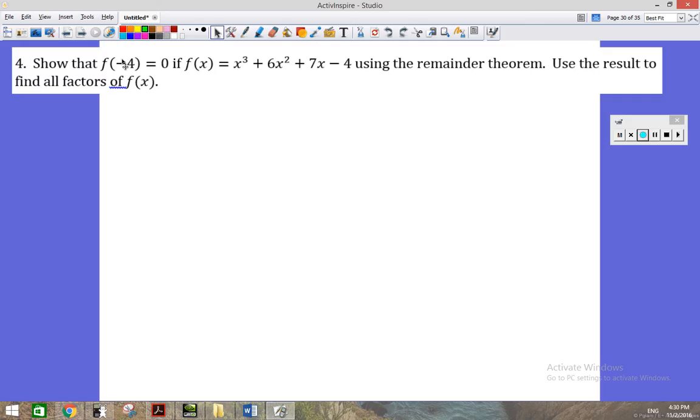Now we have to change the sign. If the x-intercept is -4, in factored form we write it as x plus 4. But it wants us to verify with synthetic division, and this is in standard form 3, 2, 1, 0, that we have a remainder of 0.